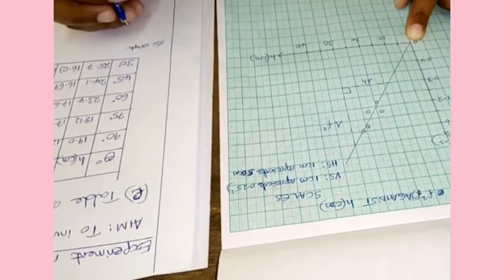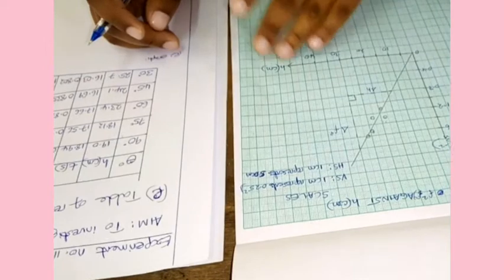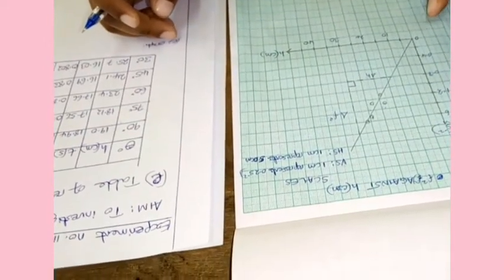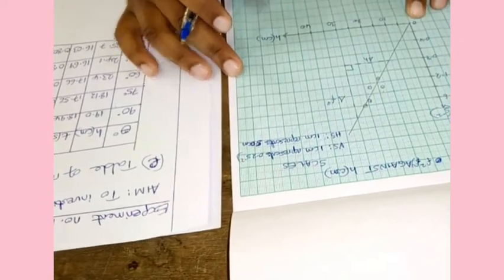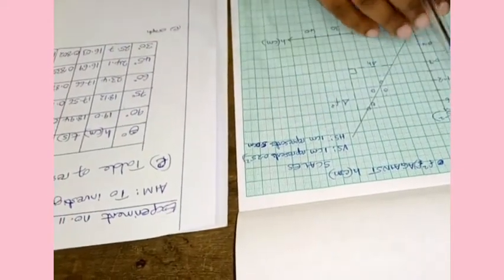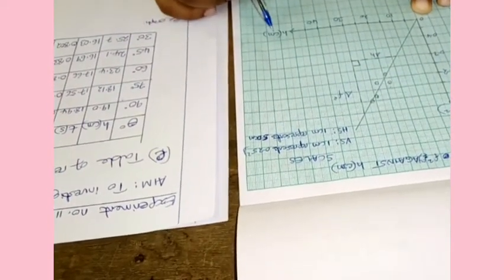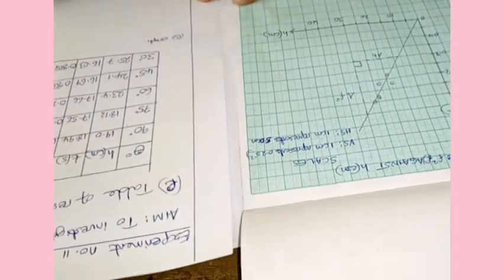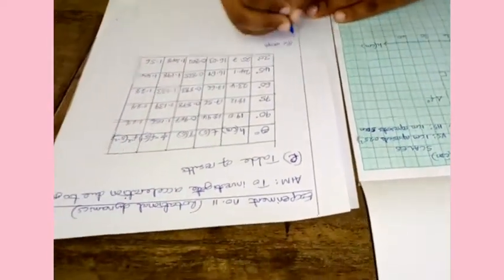Pia swali linalofuata tumeambiwa tuonyeshe relationship kati ya f square na h. Relationship yetu tunaitoa kwenye grafu, ambapo tunaona kwamba nature ya grafu yetu imetokea kwenye origin ambayo ni straight line. Kwa hiyo inamaanisha kwamba f square is directly proportional to h.